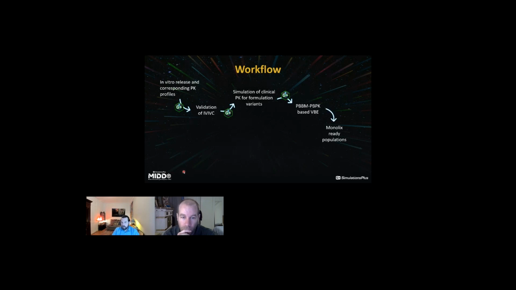Then, because the platforms for PBPK and PopPK are connected, we could simulate populations that were ready to be read directly into the software Monolix.